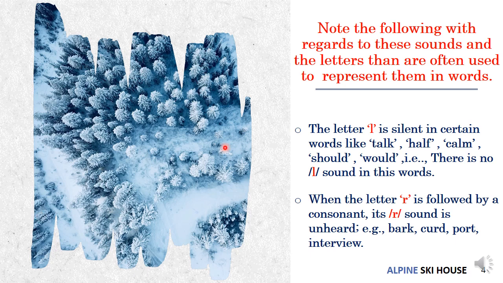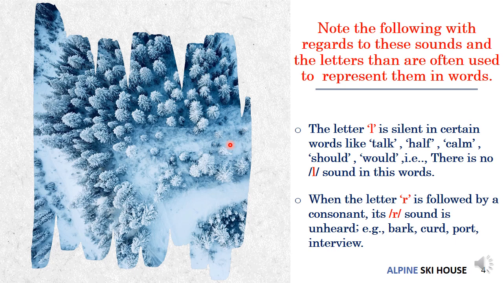Note the following with regards to these sounds and the letters that are often used to represent them in words. Now we should be very careful with some sounds and the letters and how they represent them in words. What are these sounds? L sound, R sound, or the letters L, R, Y, and W. So when these letters or sounds are used, we should be very careful.